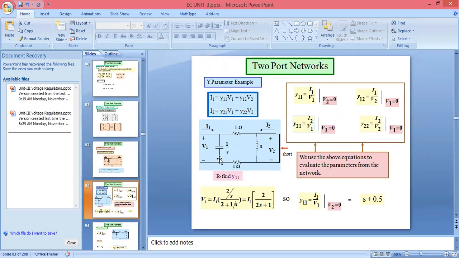So if you are calculating the total admittance, you will get 2 by s upon 2 plus 1 by s. So you will get that equation as it is, and you can write here the value of that V1. So you will get y11 equal to s plus 1 by 2. 1 by 2 is nothing but 0.5.